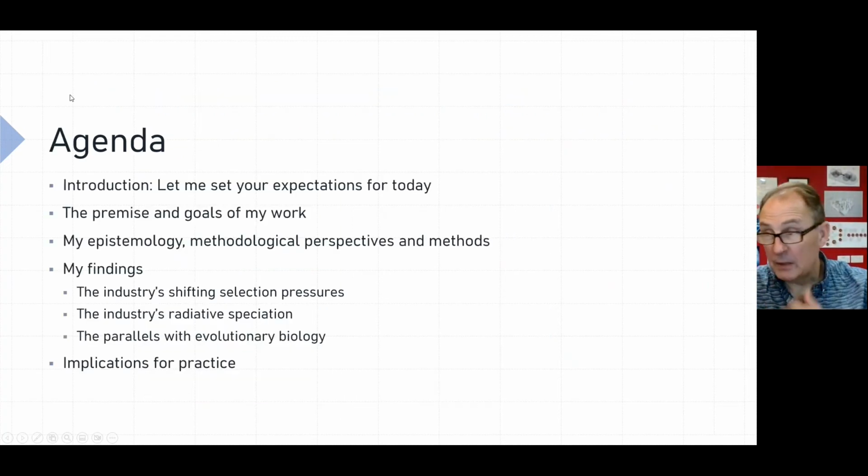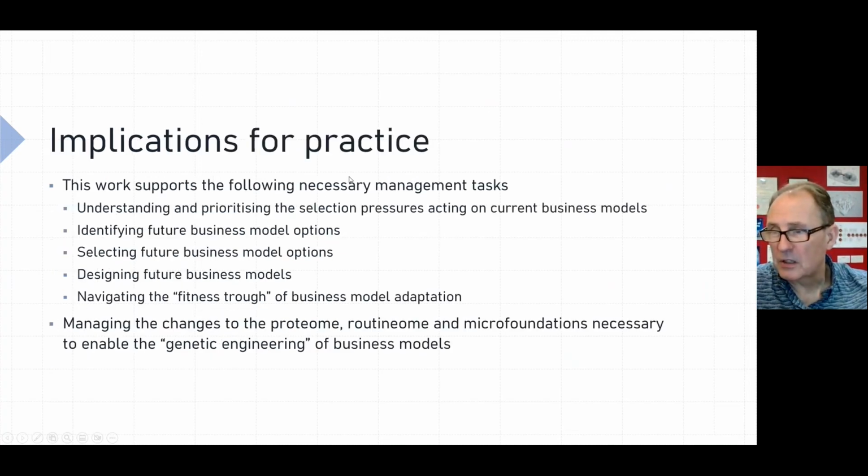So that's my agenda. And I covered it, I hope, at the right level of depth, but obviously there's much, much more in my writing. The last thing I want to cover are the implications for practice. I think that this work supports management in 4 or 5 ways.